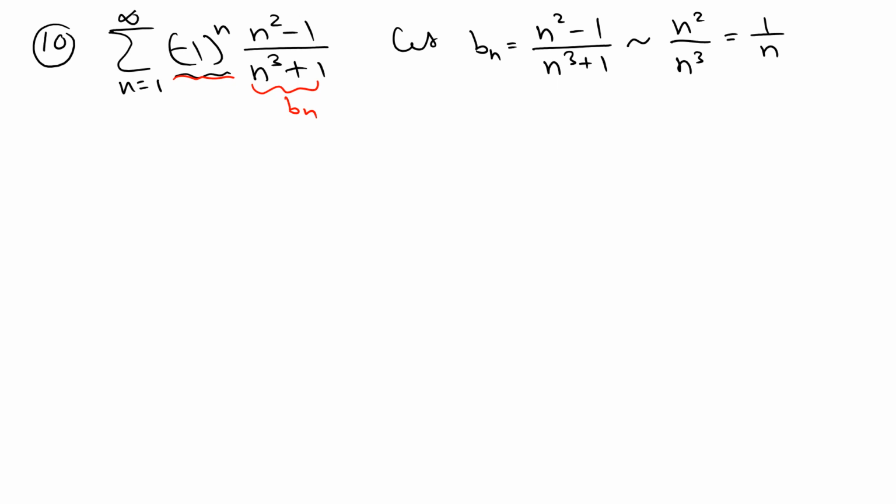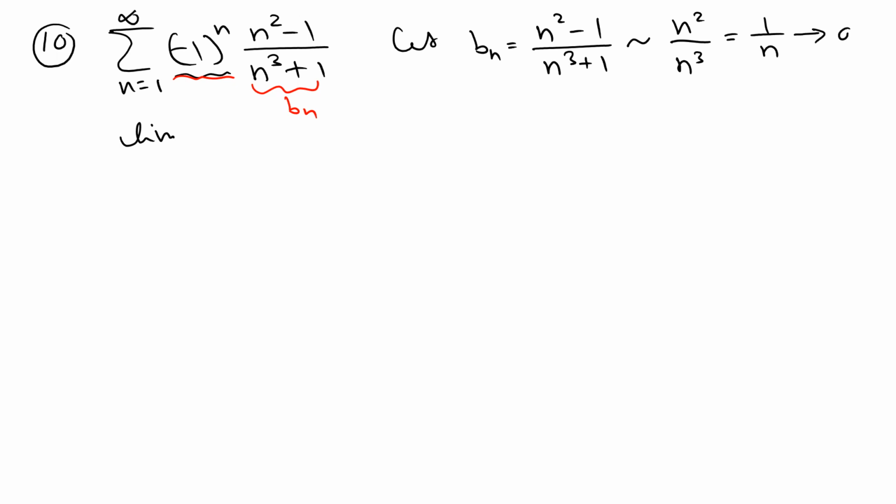So let's write it. We only need to make sure that it goes to 0. You can see it's 1 over n, that means it's going to go to 0. That's the only thing we need to notice for the alternating series test.